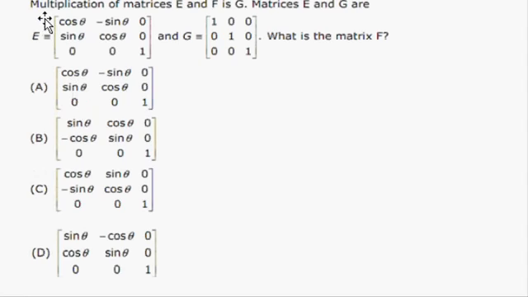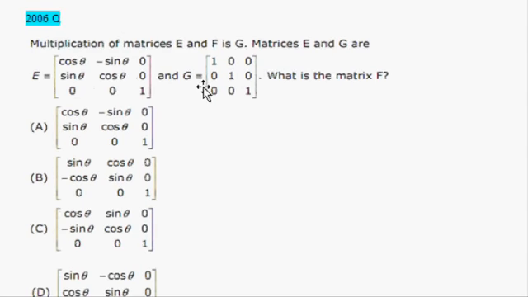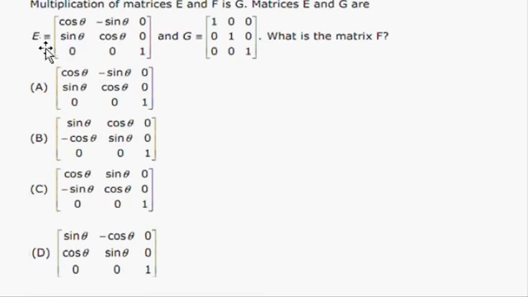This is another question of 2006. The multiplication of matrix E and F is G. Matrix E and F is equal to G, meaning the result should be this. So multiply each item. You will check whether G is correct: make the first row vertical, that means cos, then minus sin, and 0.